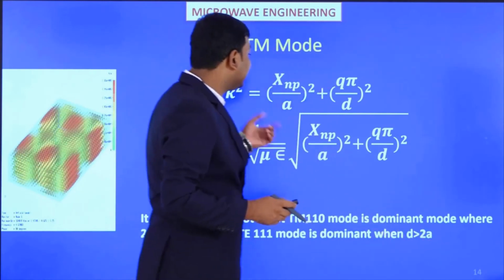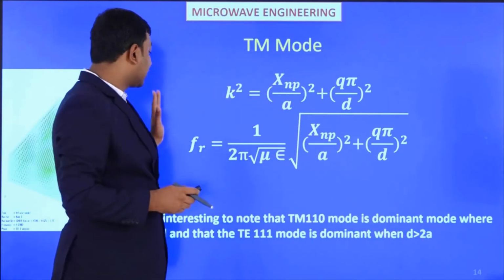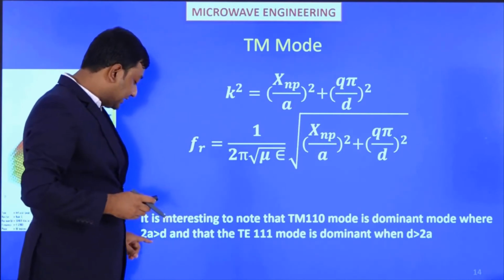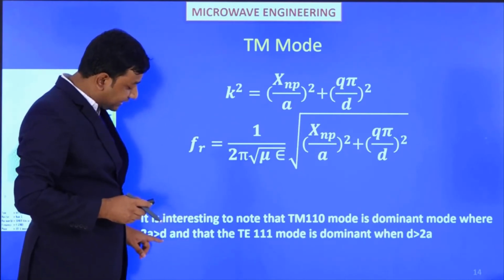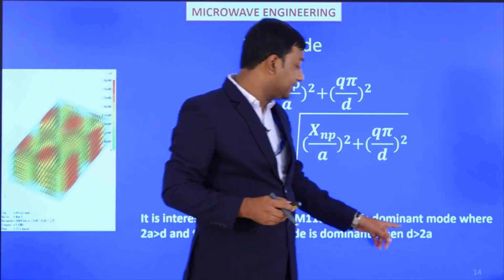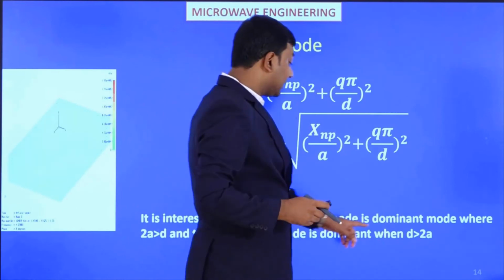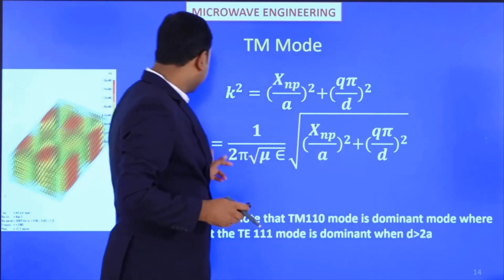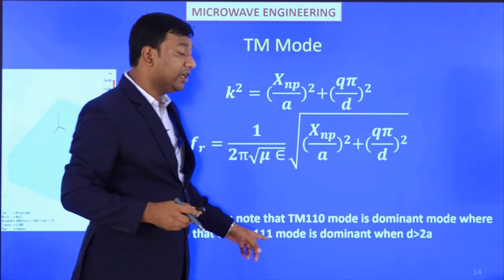So, what is d? d is the length of that particular circular cylindrical cavity resonator. If 2a, that is the diameter, is greater than the length, then the dominant mode will be TM110. If the diameter is less than the length, then the dominant mode will be TE111.